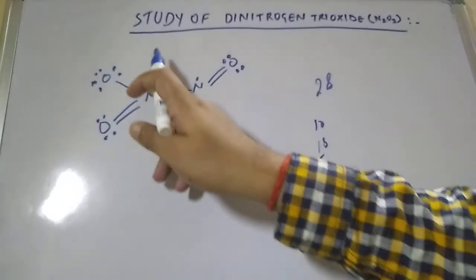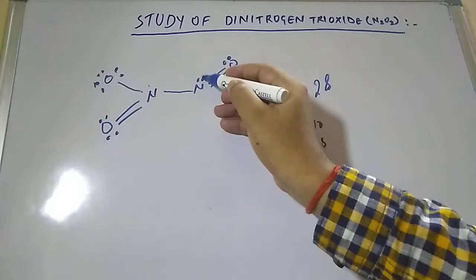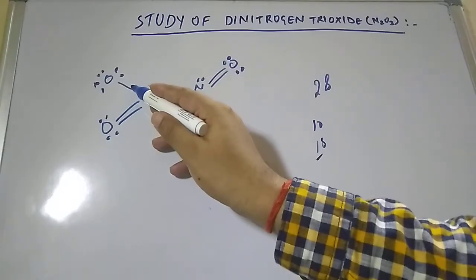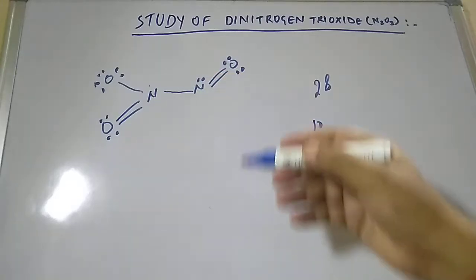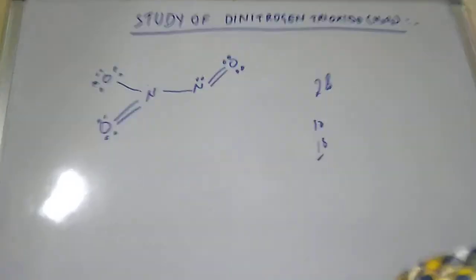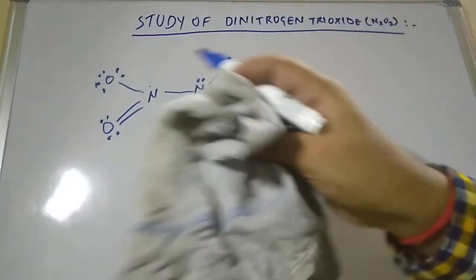Here the valency is completed, so the octet is complete. Now this is our structure.